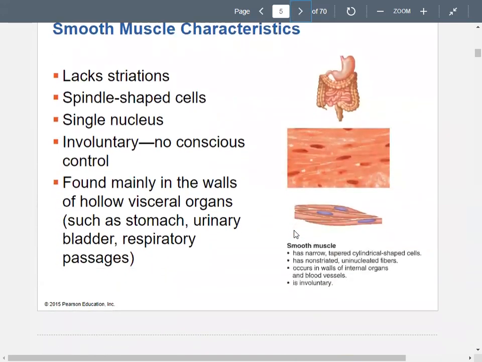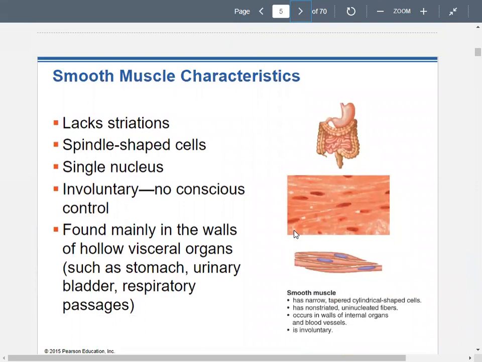All right, so again, smooth muscle, no striations. Cells are spindle shaped like this. One nucleus per cell. They're involuntary, so you don't have to think to make food go through your intestines. You find them in the walls of hollow organs like your stomach and urinary bladder.